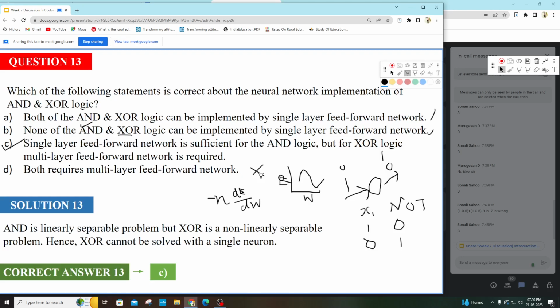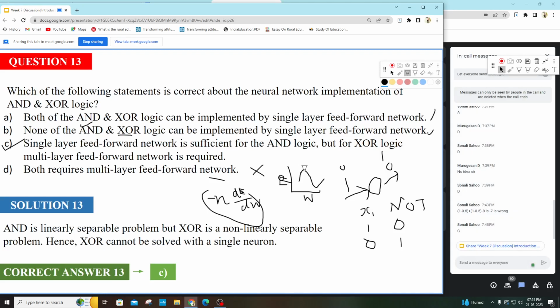We are checking at which point how this term is behaving. This is your learning rate. Learning rate means how much you are varying, like after this point, whether I should take a very close point or a very far point. For this we use the learning rate, and with del E by del W we check the relationship of error with weight.